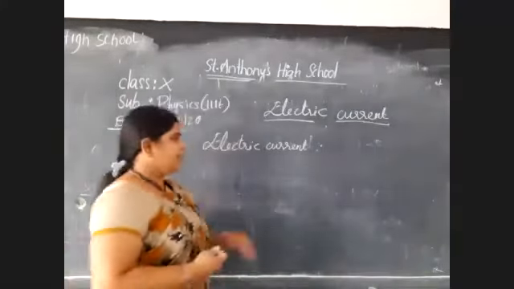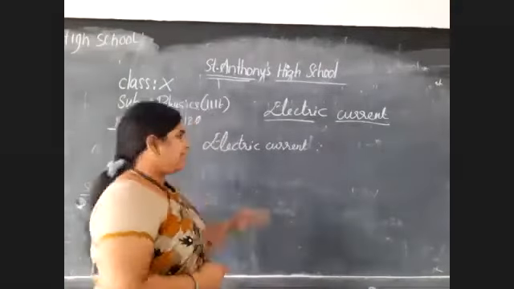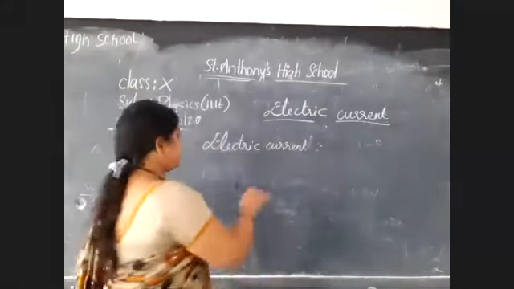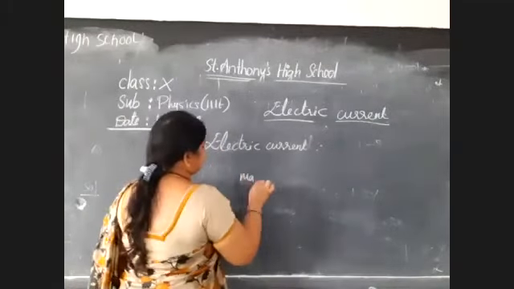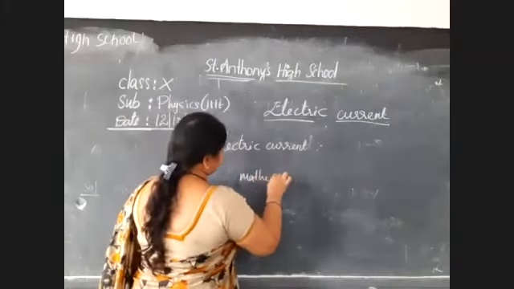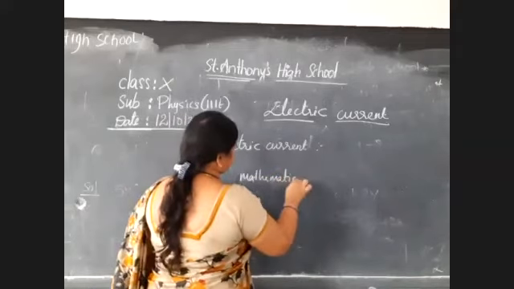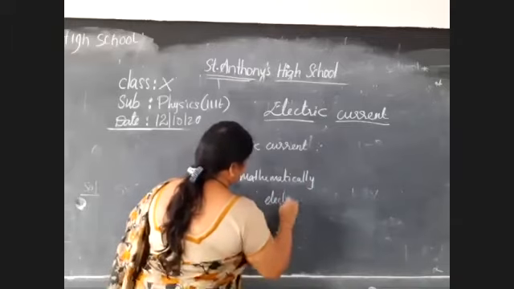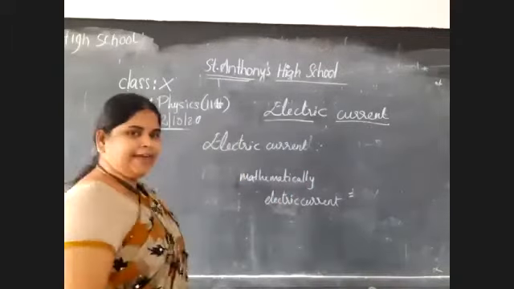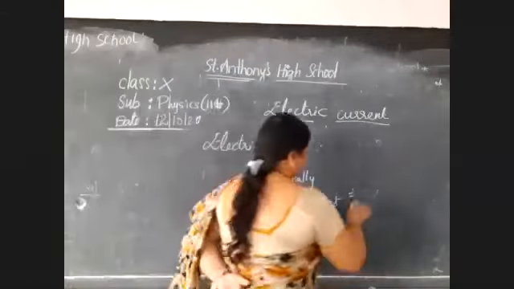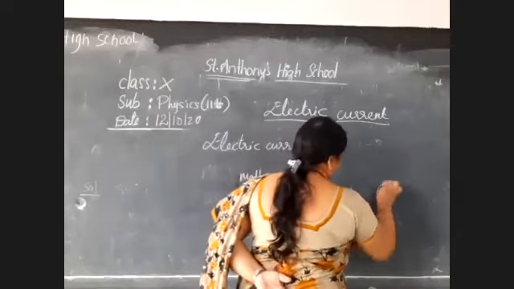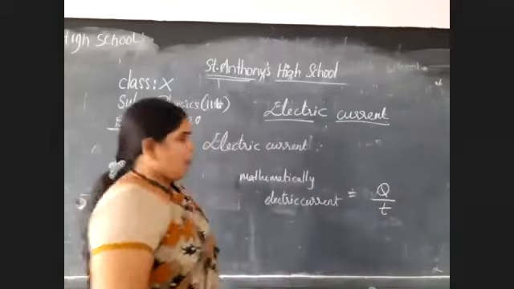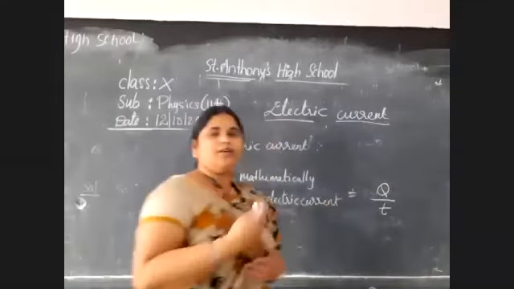Now, how is electric current represented mathematically? Mathematically, electric current is Q by t. What does this capital Q denote?